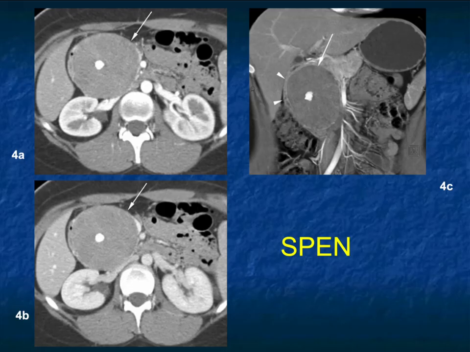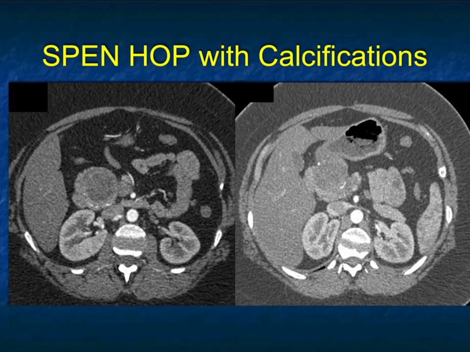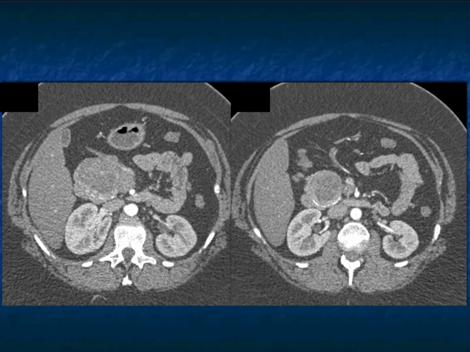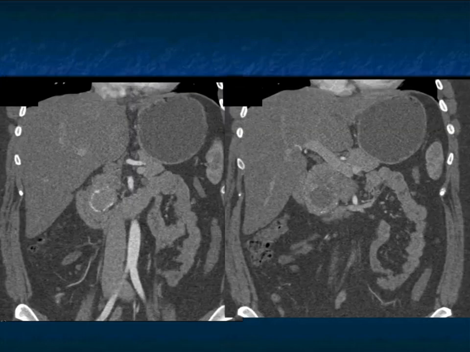So you can see SPEN tumors have a range of appearances. Here's another one, cystic lesion, thickened wall, head of pancreas, where the septations on the MIP imaging show fairly significant calcification, thin septations, but the calcification is one of the most impressive things about this lesion. Now again, I showed you way back when a pseudocyst which had calcified.